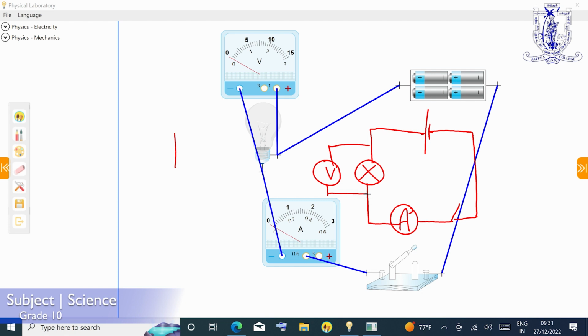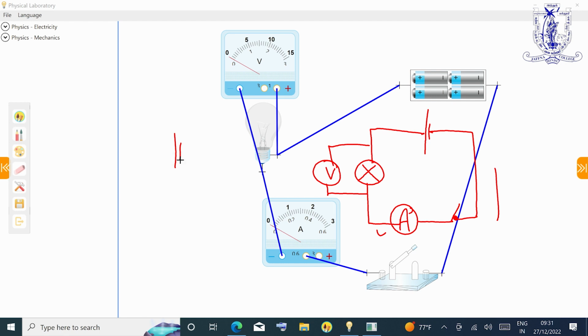This is a simple symbol diagram of the electric circuit with ammeter and voltmeter. How to connect this one? The ammeter is a series connection, the voltmeter is connected in parallel, and the switches are also here: open switch and closed circuit.